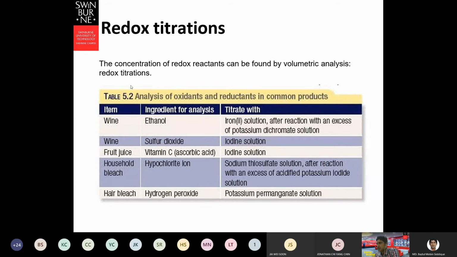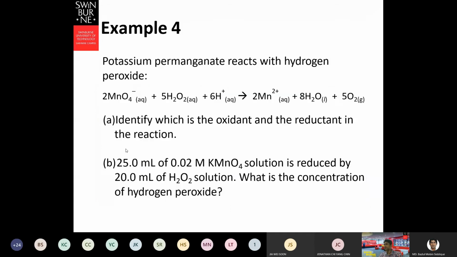Based on the redox reaction, we can find out the amount that is present in the compound. And this is the thing that you are going to do for your experiment 3, right? You will see the redox reaction, I will upload it. And you will find the half reactions, and it will be easier for you when you do the half reactions of these things.